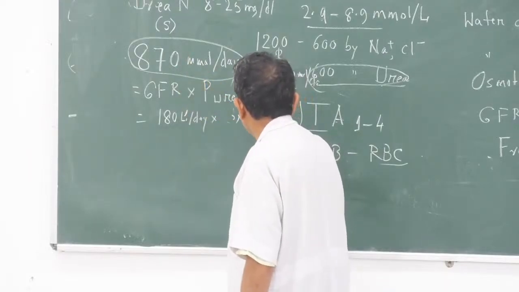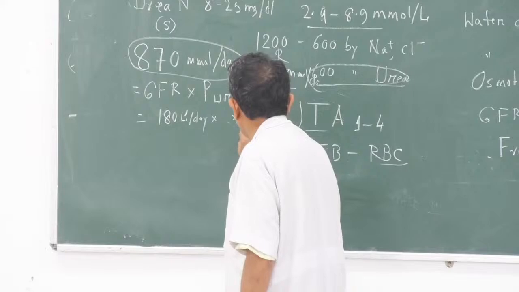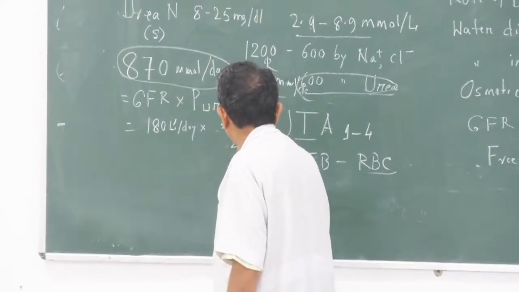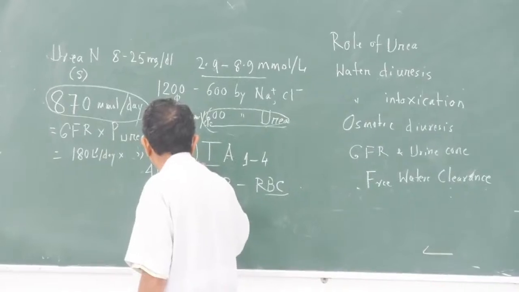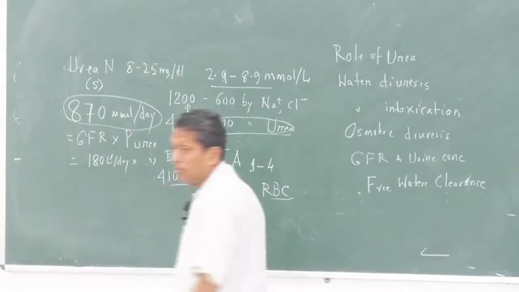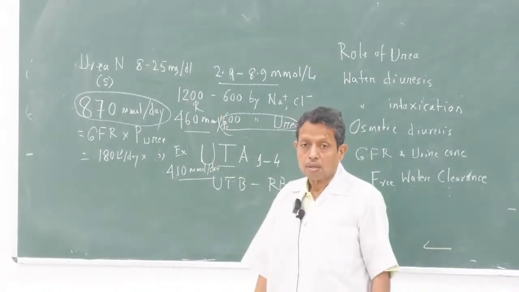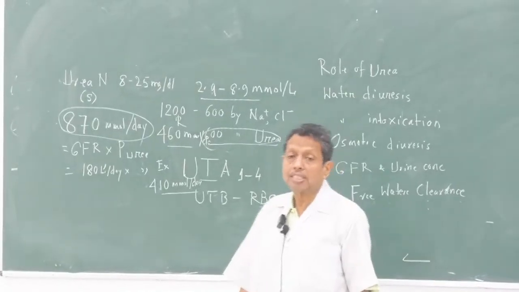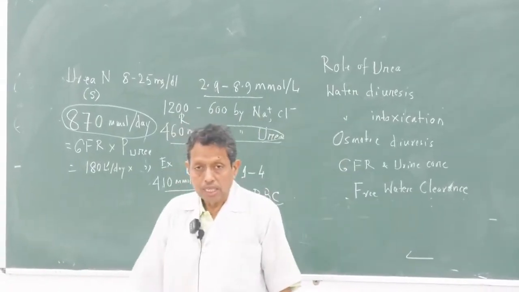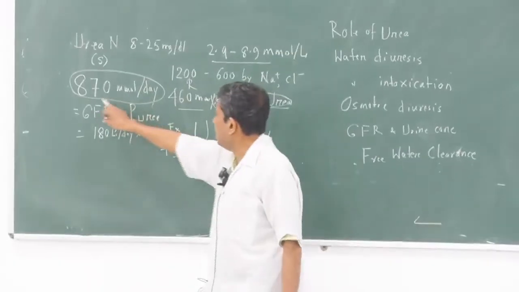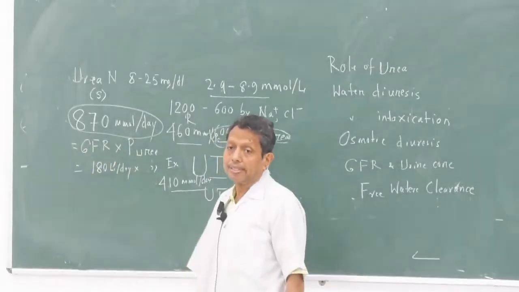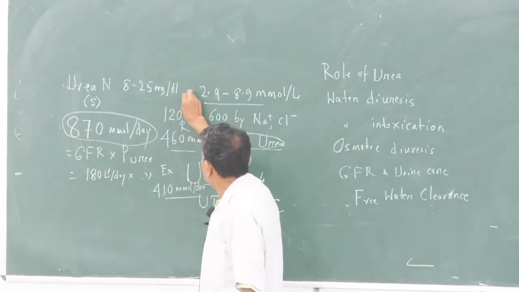So excreted is that it is 410 millimole per day. So 53%, more than 50%, 53% is reabsorbed. 460 divided by 870 into 100. So 53% is reabsorbed.